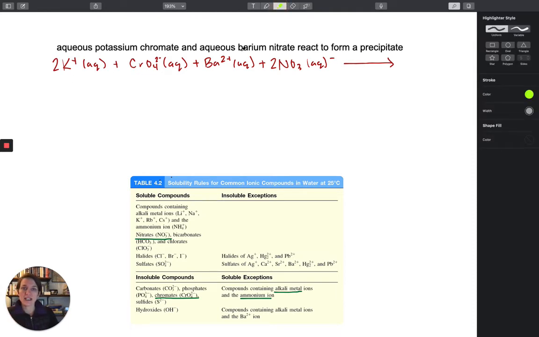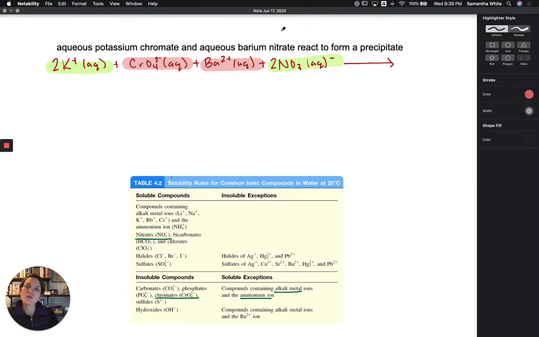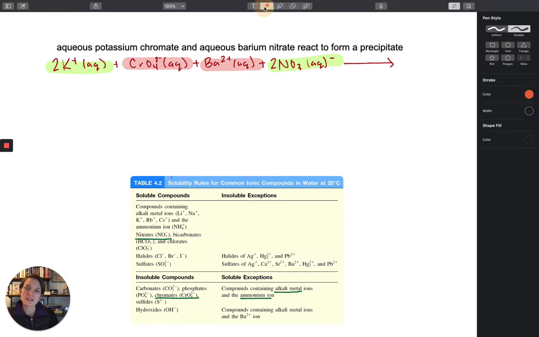So what exactly happened? Now we have this cation and this anion together for the first time, and we also have this anion and this cation together for the first time. When you're evaluating these, you want to ask, what would these new pairs be?